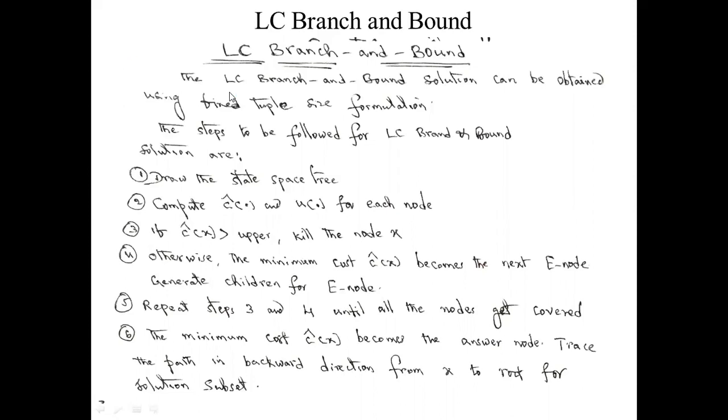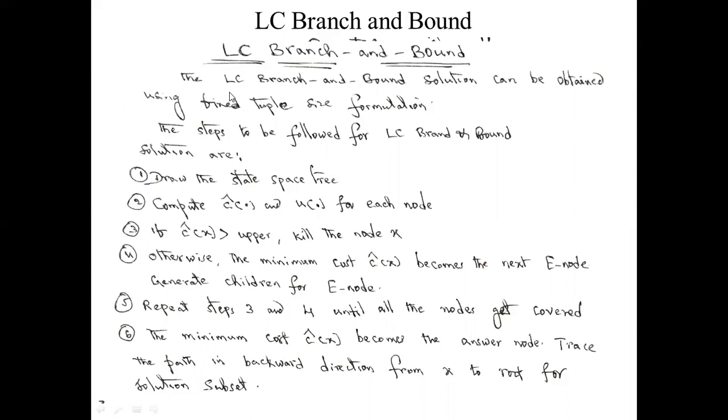But in LC branch and bound, the important concept is that we select one node as the expanding node. We start at the root node and expand it completely. Once we reach the children, we calculate the cost value of each and every child based on the constraint. After calculating the cost value of each child of the respective node, we select the minimum cost node as the next E node.